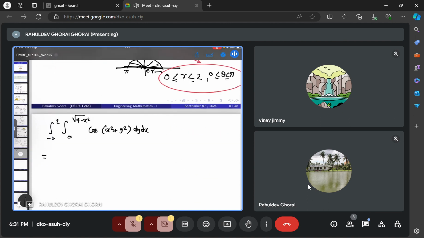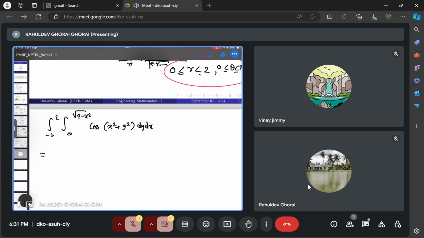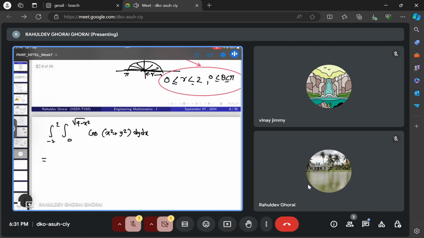Then that will transform to, it was x and y, and now I transform to r theta. R will be 0 to 2, theta will be from 0 to pi, and x square plus y square will be r square cos square theta plus r square sin square theta.